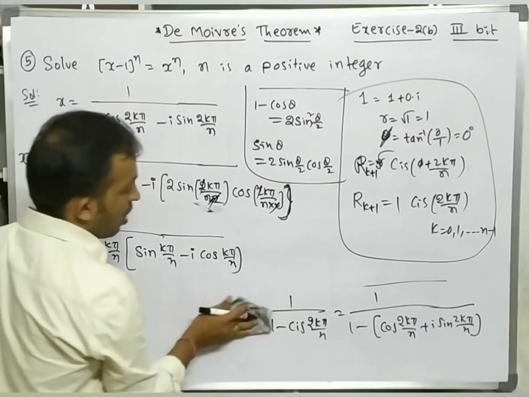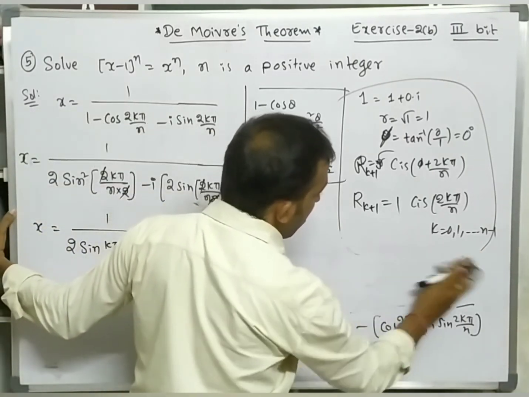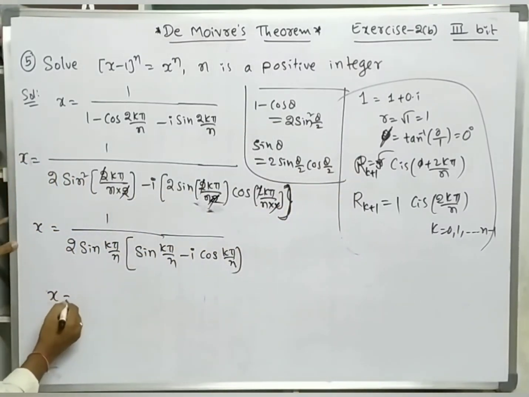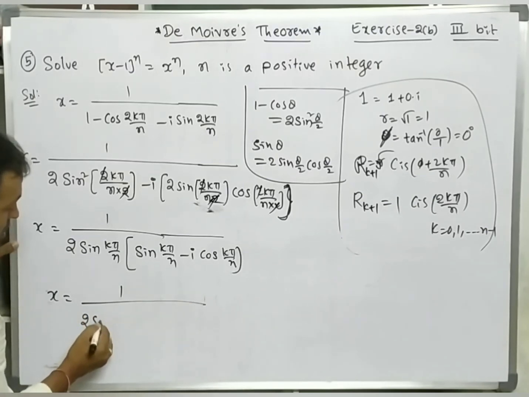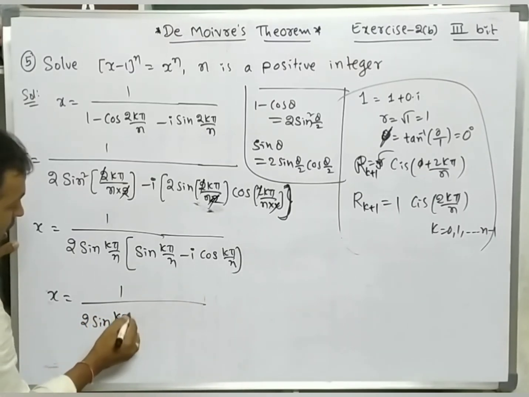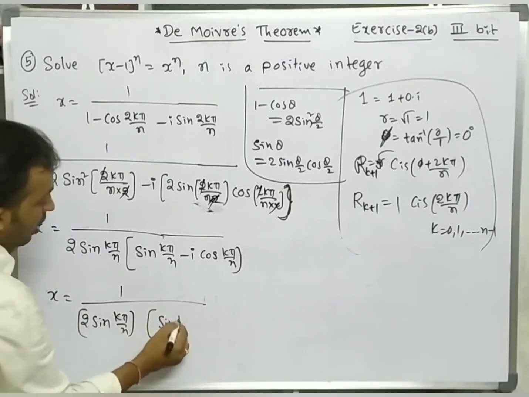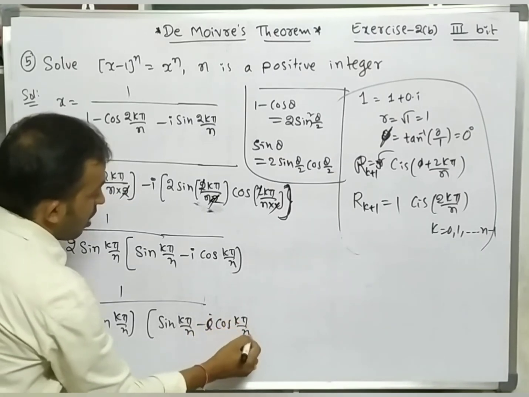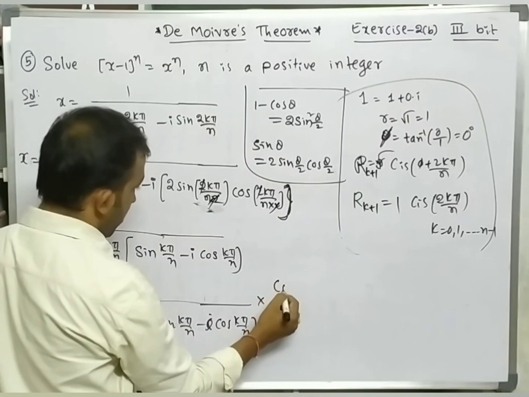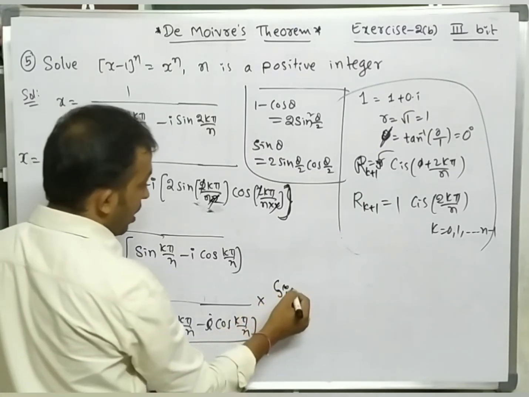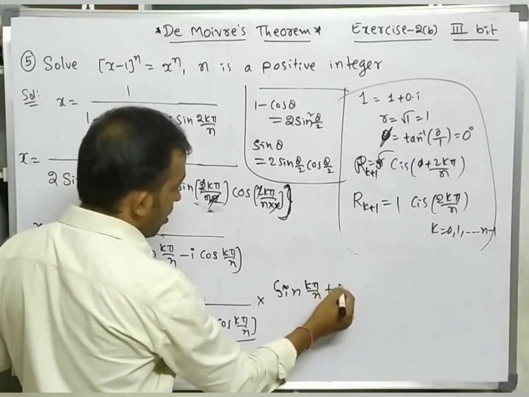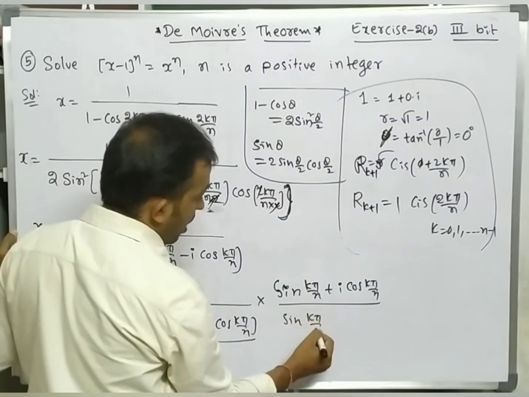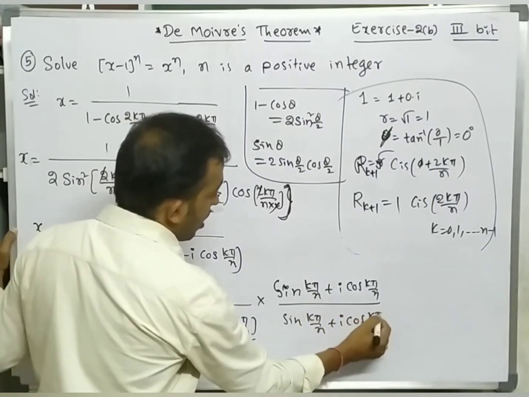Now this is not of the form a plus ib, so multiply numerator and denominator with the conjugate of the denominator, that is 2 sin k pi by n into sin k pi by n minus i cos k pi by n. Its conjugate is sin k pi by n plus i cos k pi by n.